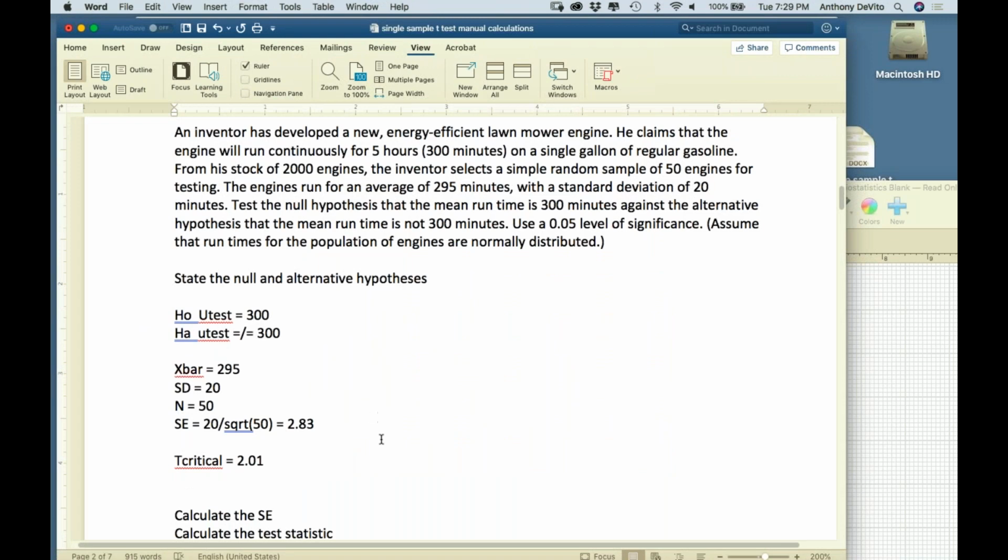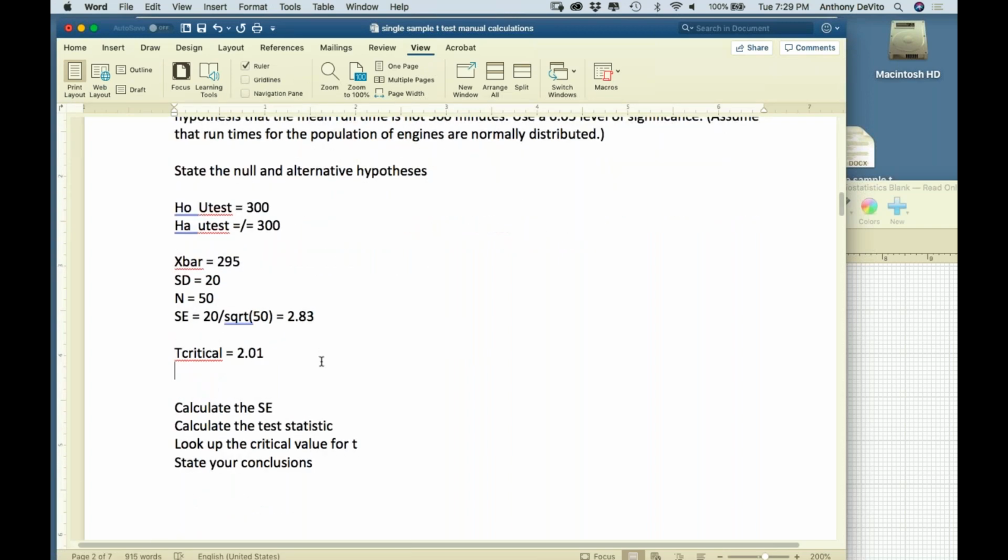Okay, so now let's calculate what t is. So t, let me find a good place to do this. I'll scroll up a little. T is equal to x bar minus mu divided by the standard error. Okay, so let's see.